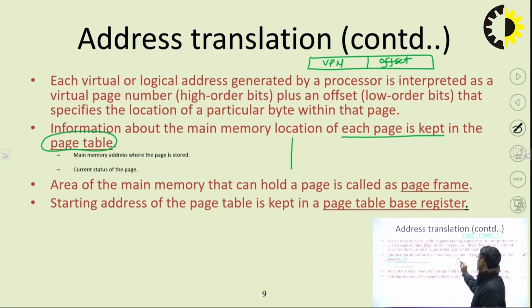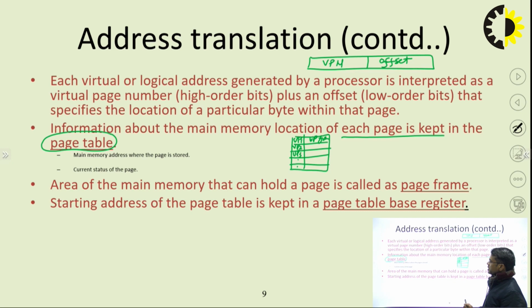The page table maintains information about the virtual pages available in the main memory: virtual page 1, virtual page 2, virtual page 3, and so on, along with the main memory location, that is the page frame location of the particular page in the main memory.